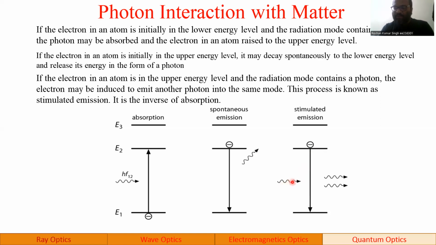When a photon strikes, it stimulates the electron and it comes to the ground state with the same polarization and same phase as the external photon.